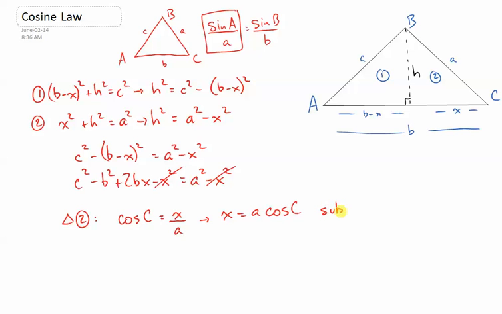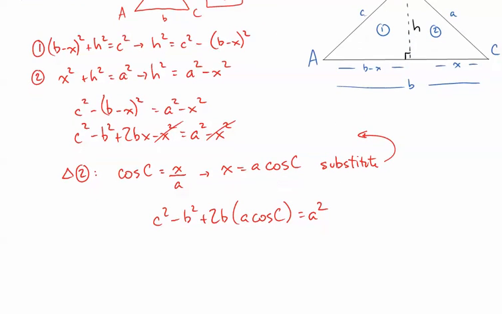So I'm going to substitute this relationship into the equation up above. I get c squared minus b squared plus 2b, there's your x, a cos C, and it equals a squared. So no more h, no more x. Everything's based on a's and b's and c's, which are the values that I'm actually interested in knowing about.